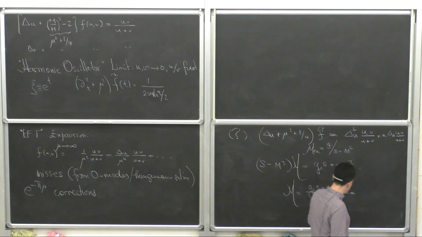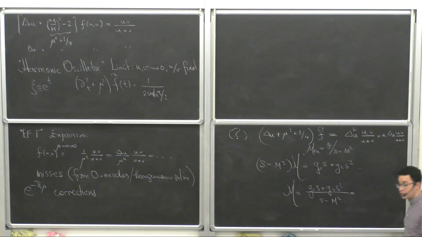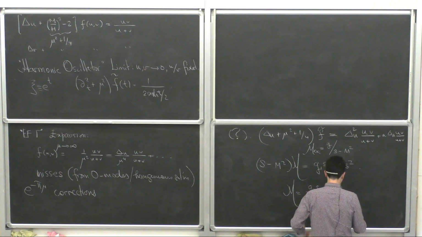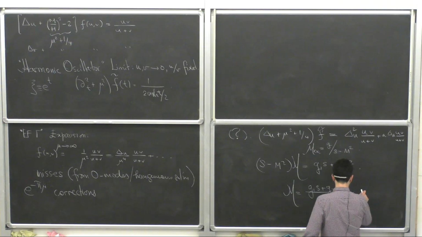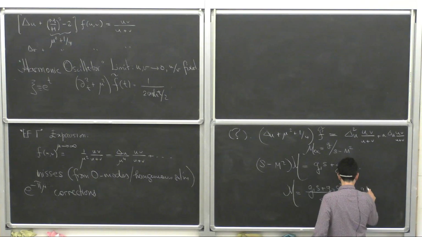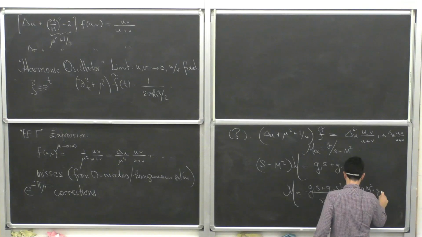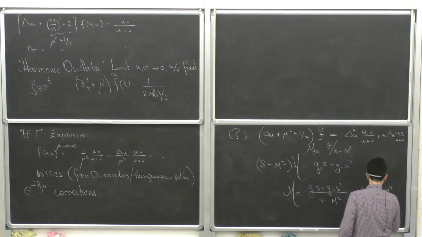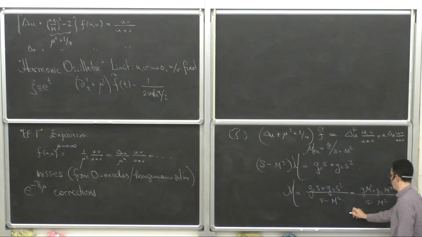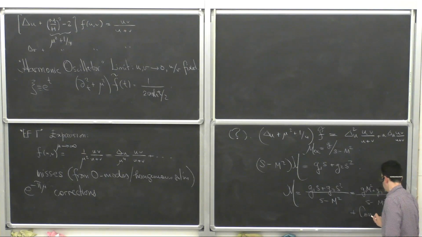I mean, what's the true signature of an exchange? The pole, exactly. So you just read off the residue. As s goes to m squared, what is the residue? It's like g1 m squared plus g2 m to the fourth divided by s minus m squared plus contact interactions.